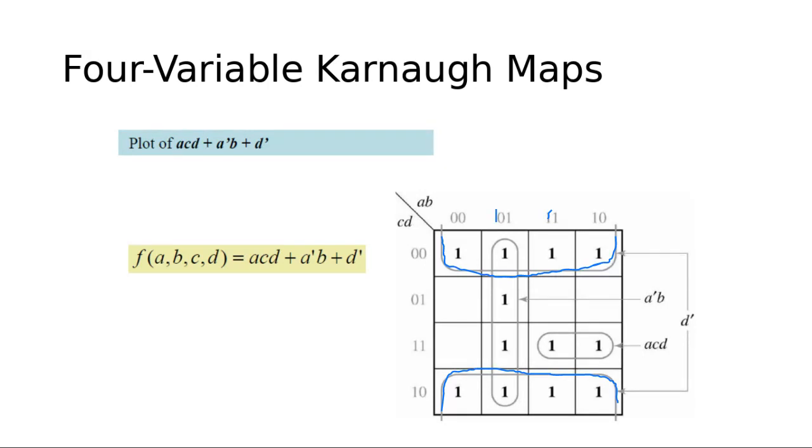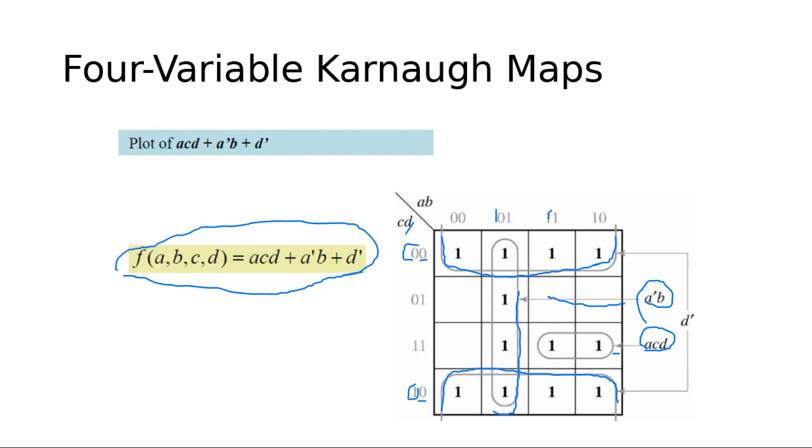Also C is changing because it got 0 and it got 1. D is not changing, it is just 0. So you can get D. And in here square you get this, and in here square you get this expression, and you get the final answer.